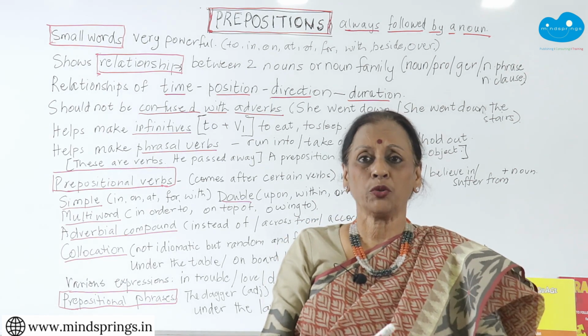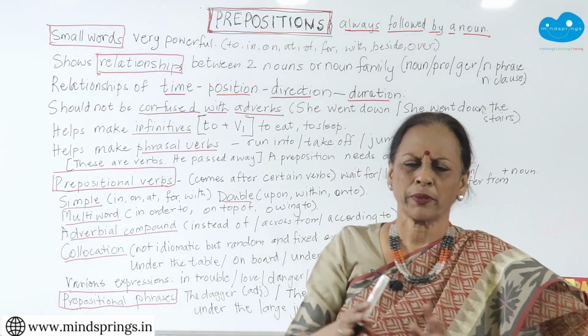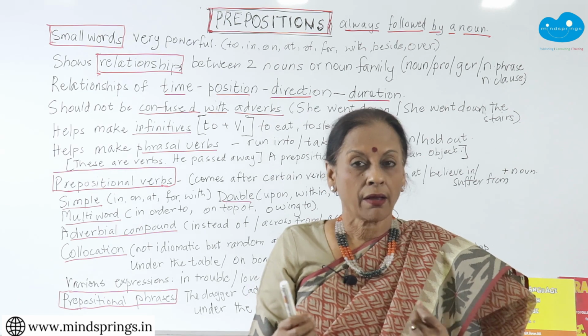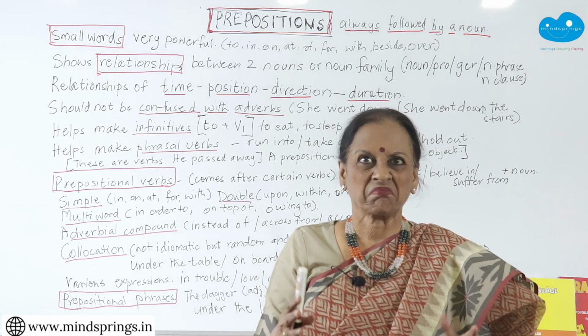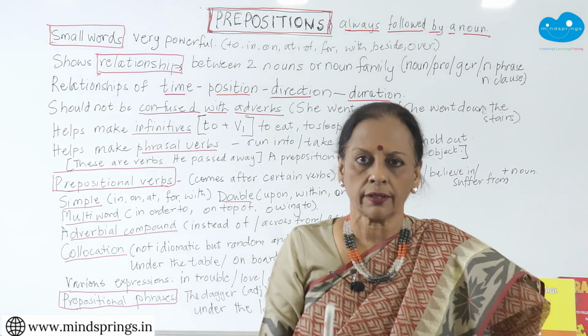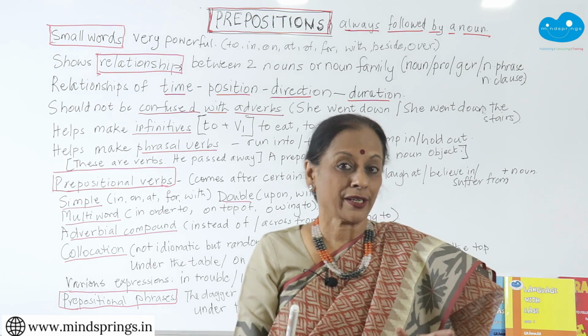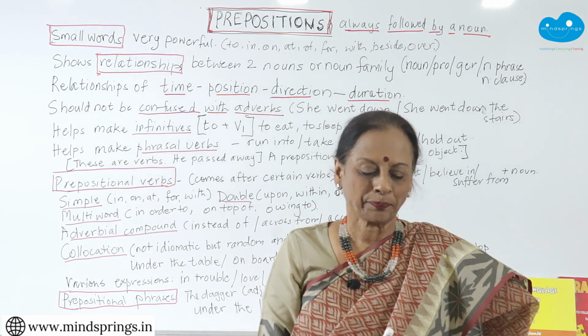So today I am going to do prepositions. A lot of people have been asking me for prepositions. Prepositions are probably one of the most difficult parts of speech as far as English is concerned.